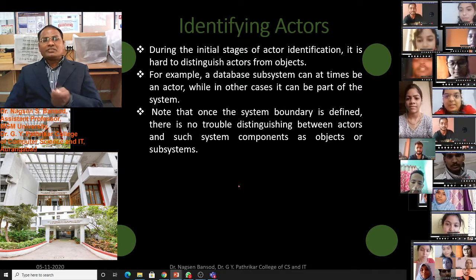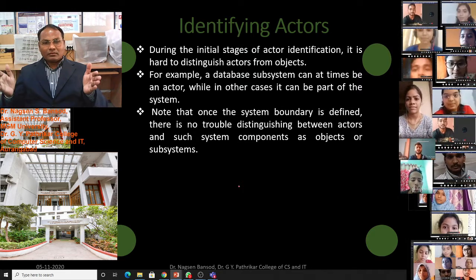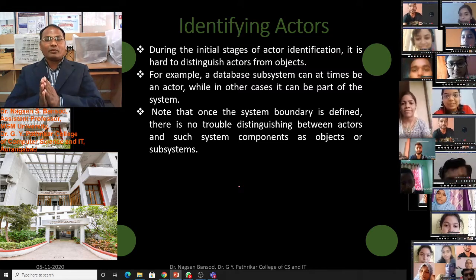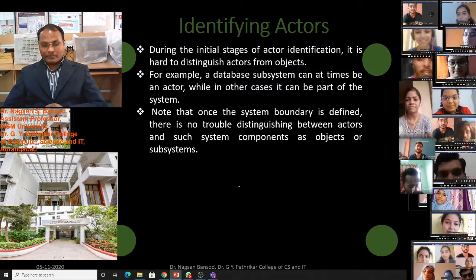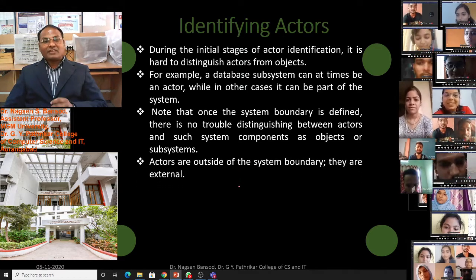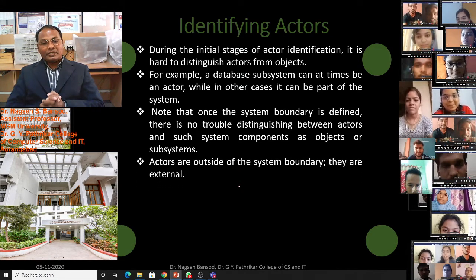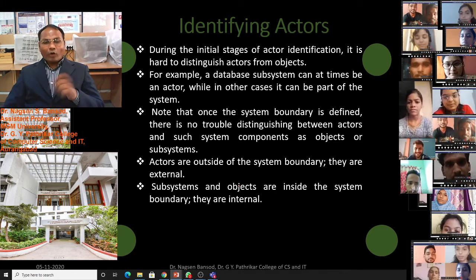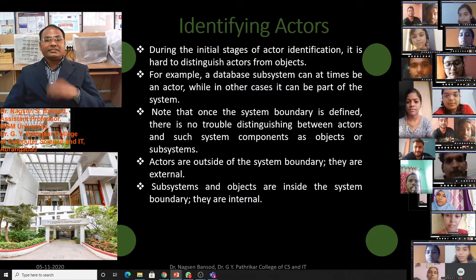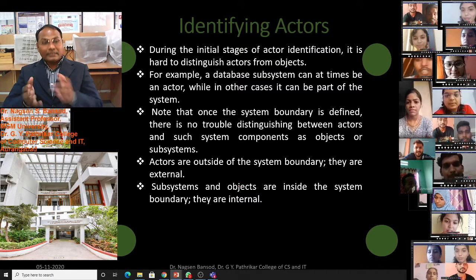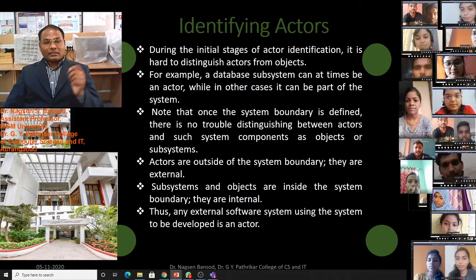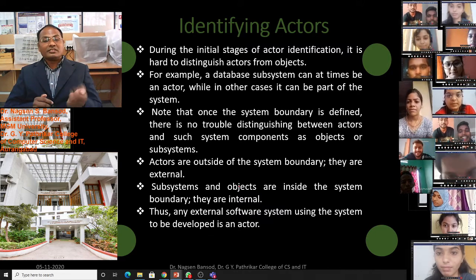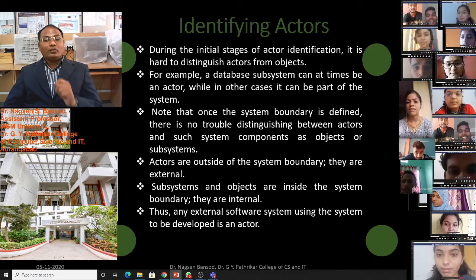Note that once the system boundary is defined, there is no trouble distinguishing between the actor and such system components as objects or subsystems. Actors are outside of the system boundary, they are external. Subsystems and objects are inside the system boundary, they are internal. Thus, any external software system using the system to be developed is an actor.